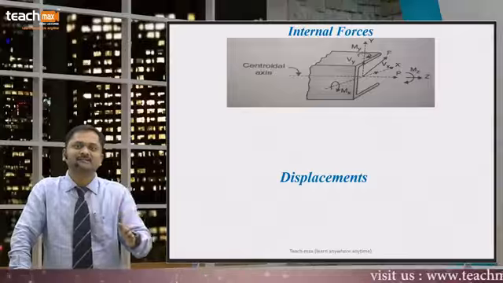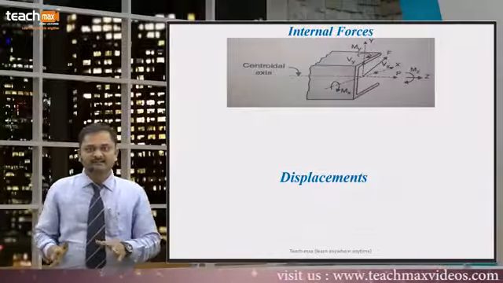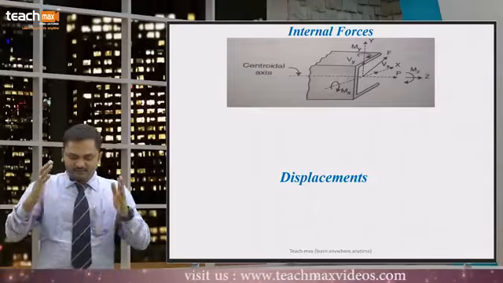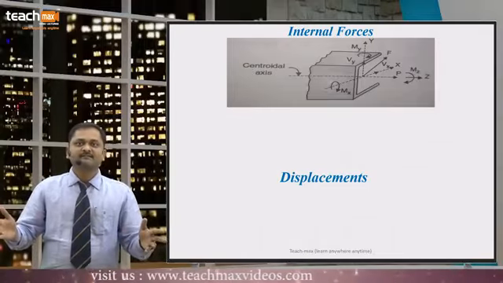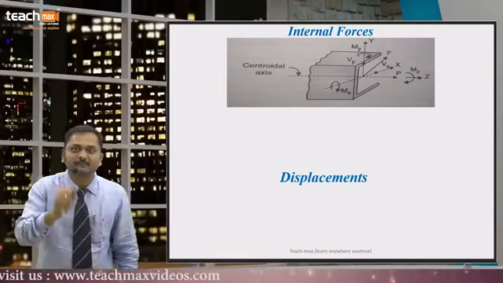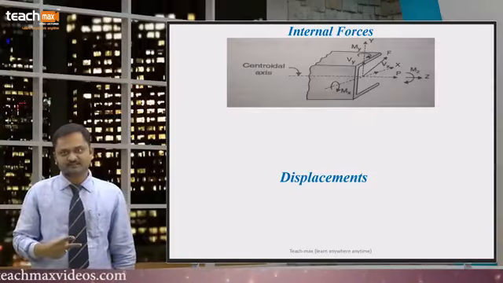If you consider the skeleton structure in one plane, it is called a plane skeleton structure, or one-dimensional structure. And if you consider skeleton structures in all three directions, they are called space skeleton structures. So we are going to analyze these two types of structures.